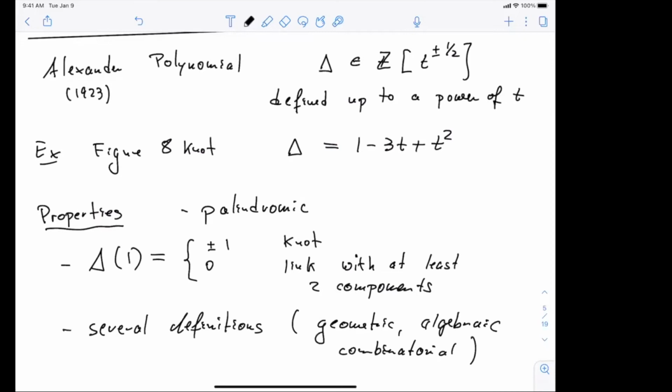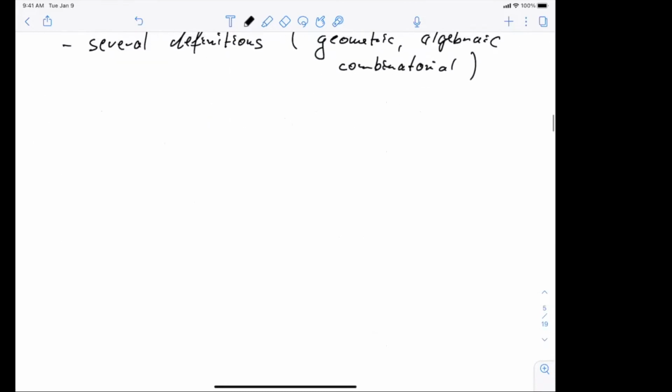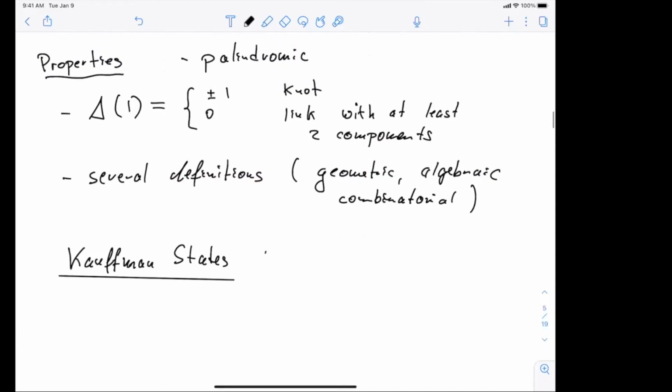The approach we are using here is the approach of Kauffman via Kauffman states. Kauffman did this in 1983.